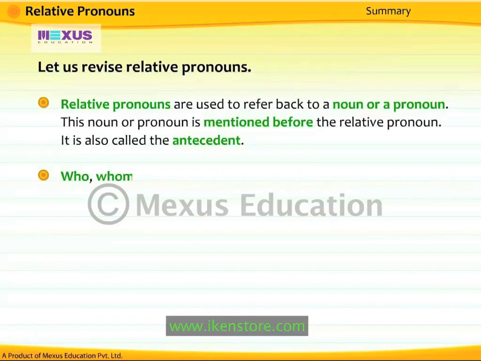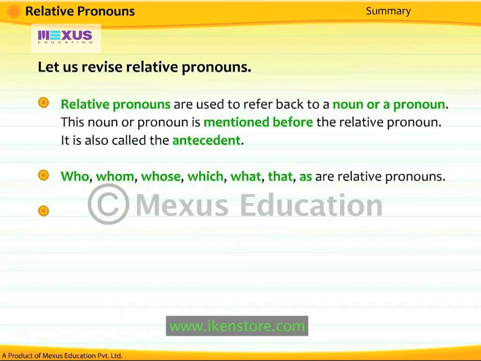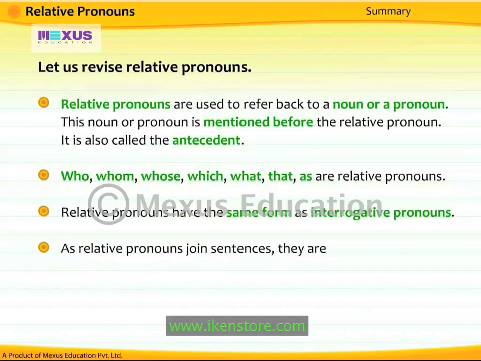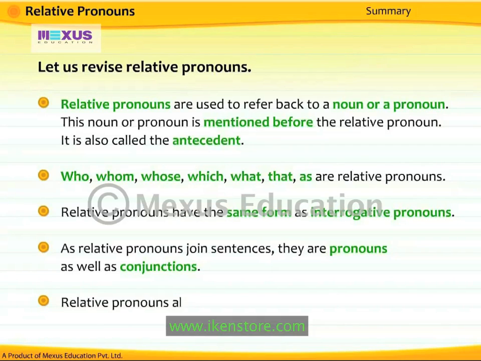Who, whom, whose, which, what, that, as are relative pronouns. Relative pronouns have the same form as interrogative pronouns. As relative pronouns join sentences, they are pronouns as well as conjunctions. Relative pronouns also introduce noun clauses and relative clauses.